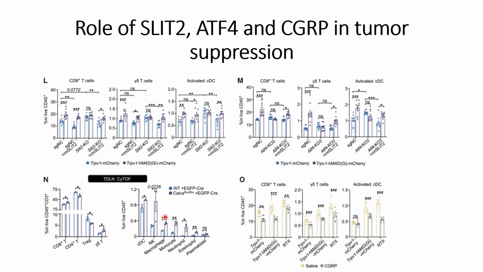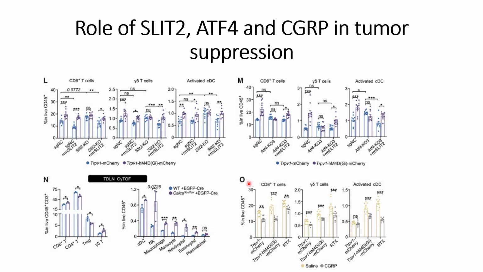Because CGRP, from the previous results, seems to play a role in tumor inhibition, in its absence these immune cells go up. For the other immune cells shown here, NK cells, macrophages, monocytes, neutrophils, eosinophils, and plasmablasts, there is no change.